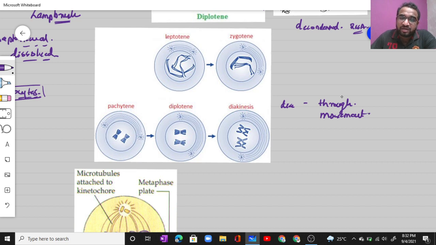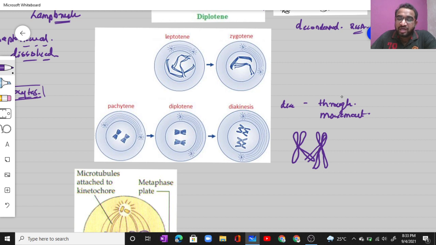The chiasmata, which we have just studied, start shifting towards the ends of the chromosome. Suppose the chiasmata is over here on this chromosome, then it will come over here, then they will get detached from one another.